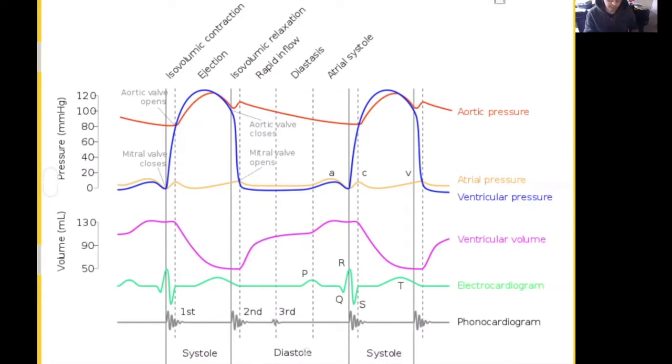Okay, so let's begin. We'll start down here, where the mitral valve is closed.